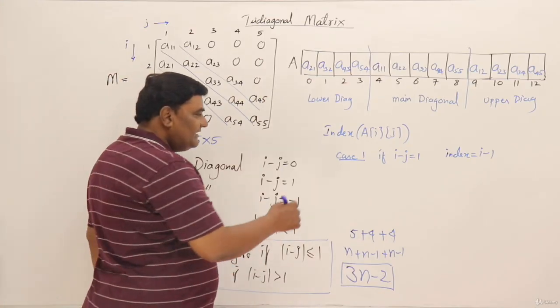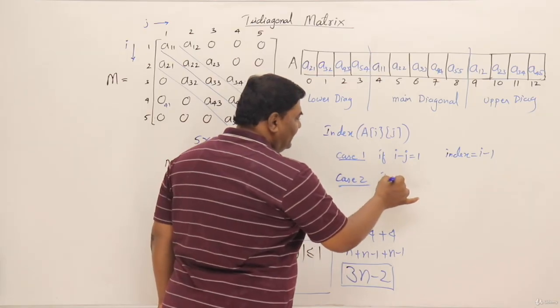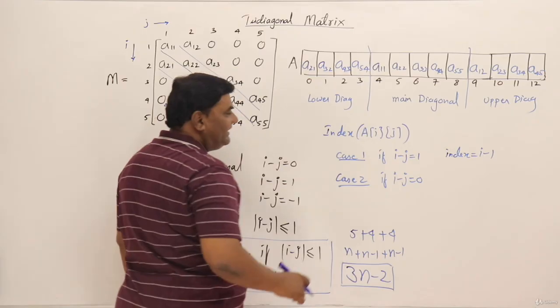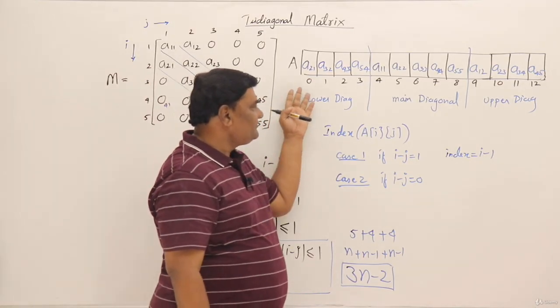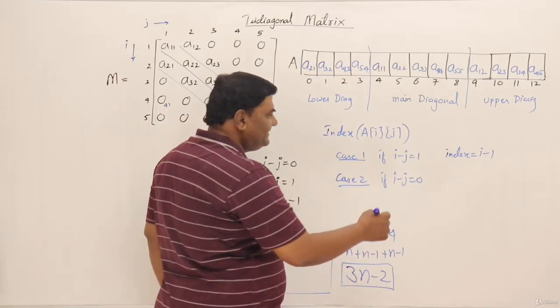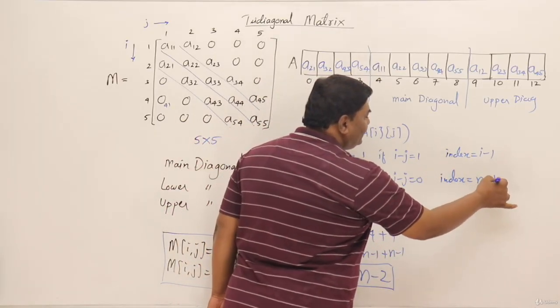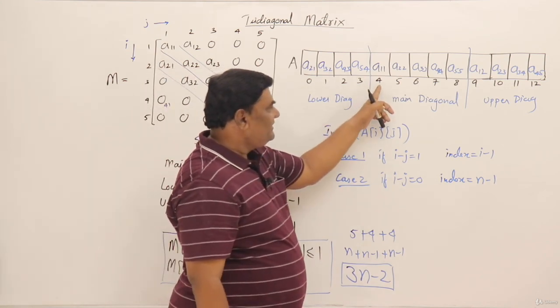Then case 2: i minus j is equal to 0, which means we are looking for main diagonal elements. First of all, I should cross over the lower diagonal elements. How many elements are there in the lower diagonal? We have n minus 1 elements. Once we cross these n minus 1 elements, we are here.